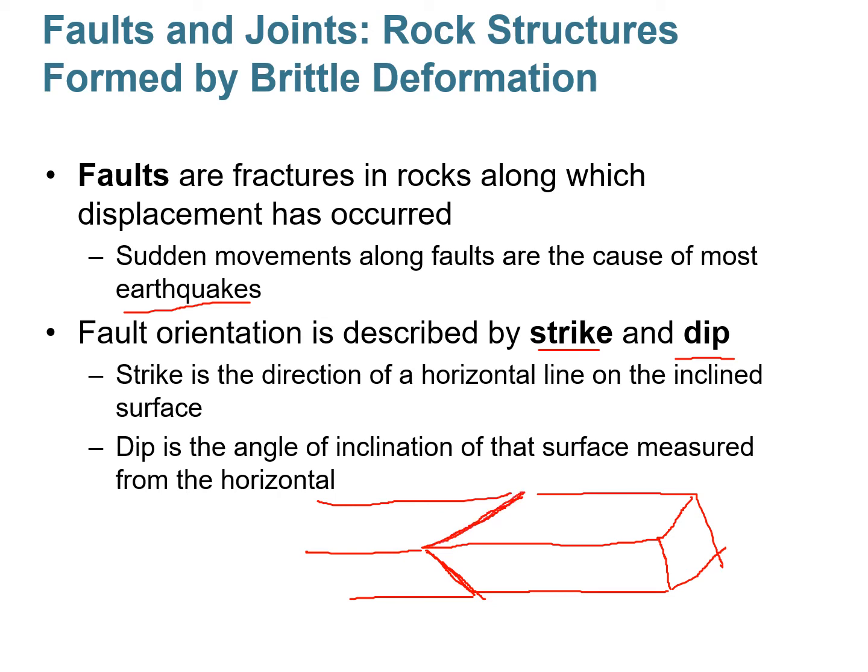This is on the horizontal line. All right, so this is the strike here, S for strike, and then this is the fault surface. The dip would be this angle here, so that's the D. Okay, so the dip is the angle of inclination from the fault surface. So here's the fault surface, and it's inclined from this angle from the horizontal. I'm actually pretty impressed with that drawing.